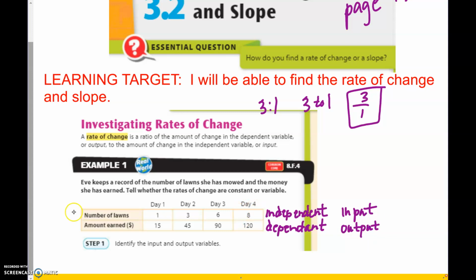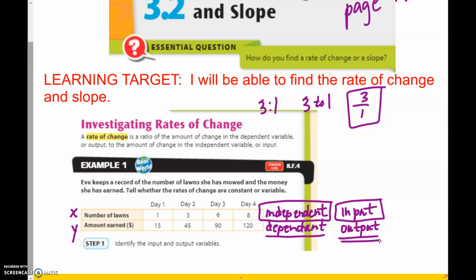And remember, this is typically your X, and this is typically your Y. So when we talk about the X values, we could also use the vocabulary word independent. When we talk about Y, we are talking about your dependent variables, which is also called your output. Okay, so those are just some words that are interchangeable here.